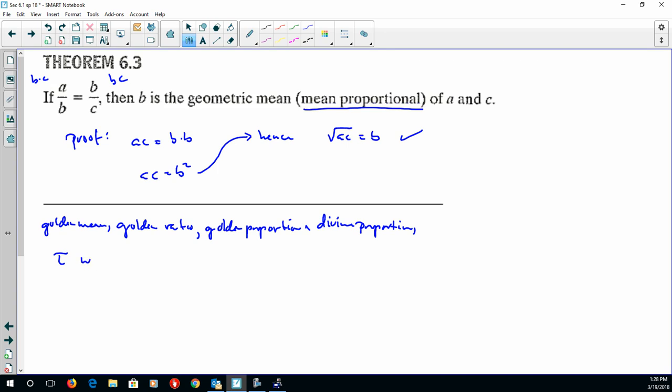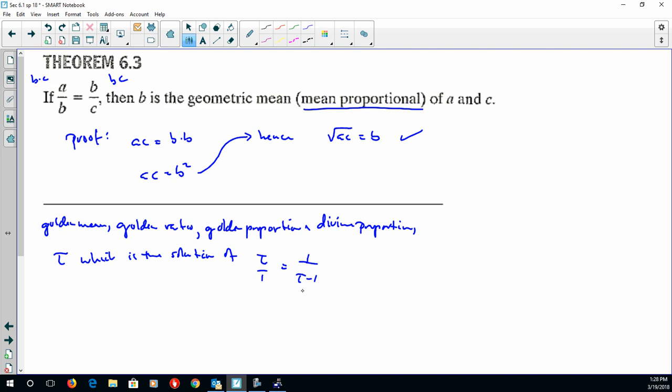And to find tau, you solve this proportion. Tau over 1 equals 1 over tau minus 1. And multiply both sides by tau minus 1. It's equal to 1.